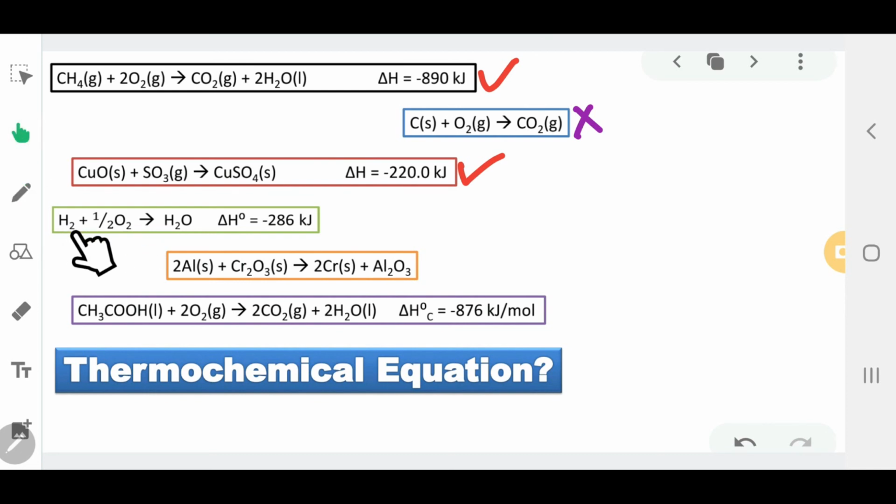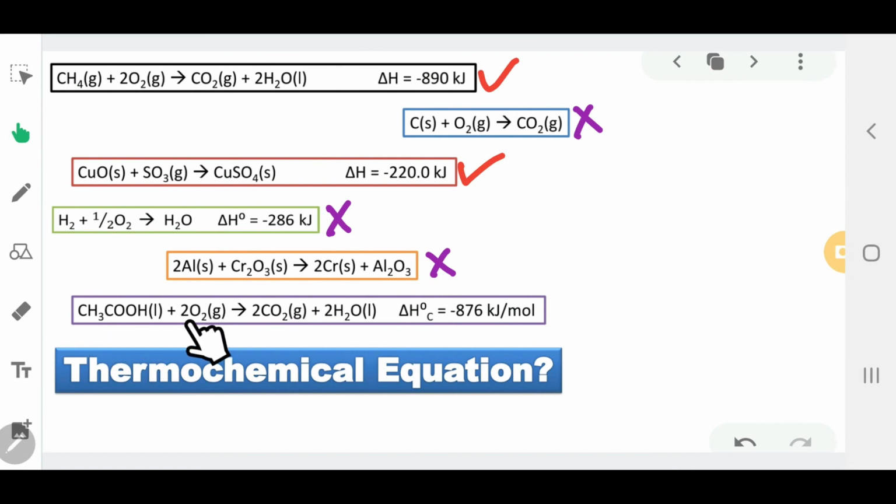When you look at the green one, the one in the green box, it has a delta H, but it does not have all the phases. Therefore, this one is not a thermochemical equation. Same goes for this one, also not a thermochemical equation, because you do not have the delta H value at the back. Okay, what about the one in the purple box right over here?